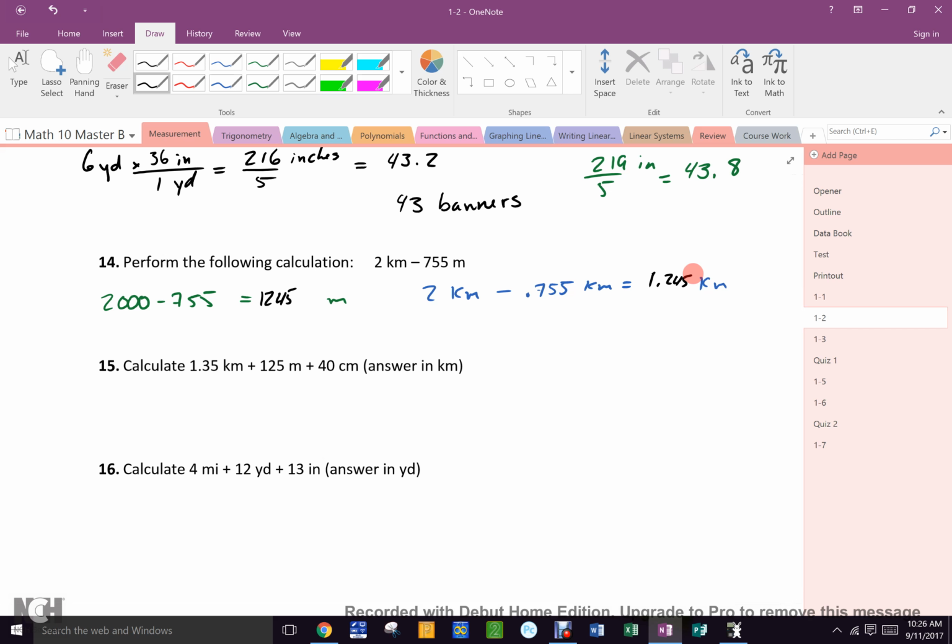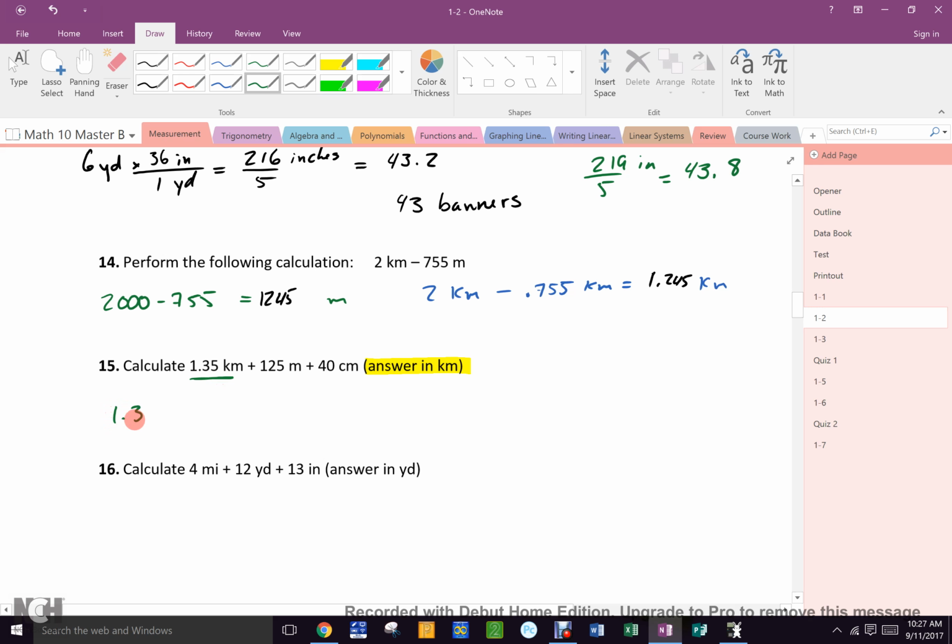What's weird about the next one? Because it's slightly changed. What's changed about 15? I've told you what I need. I need kilometers. So, do I care about that one? He's okay, right?